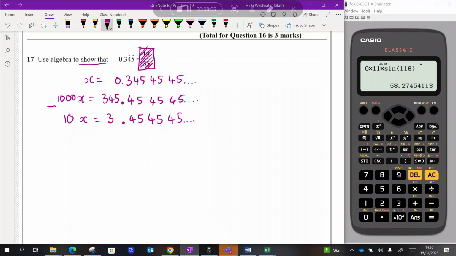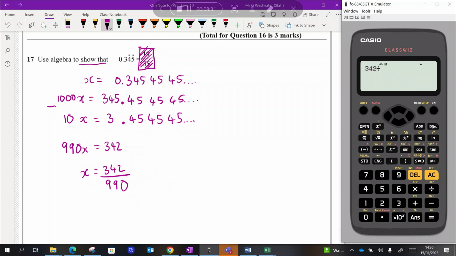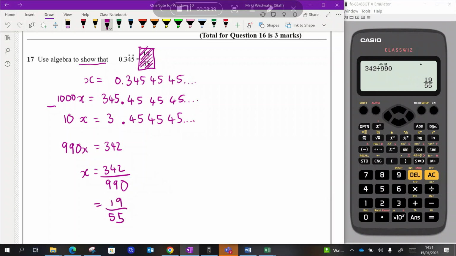And essentially we have 1000x minus 10x for 990x, 345 minus 3 for 342, and nothing after the decimal point, which means that x, dividing both sides by 990, is 342 over 990. And at this stage, we could just simplify. So 342 divided by 990 equals 19 over 55. Okay, which is what we needed to show.